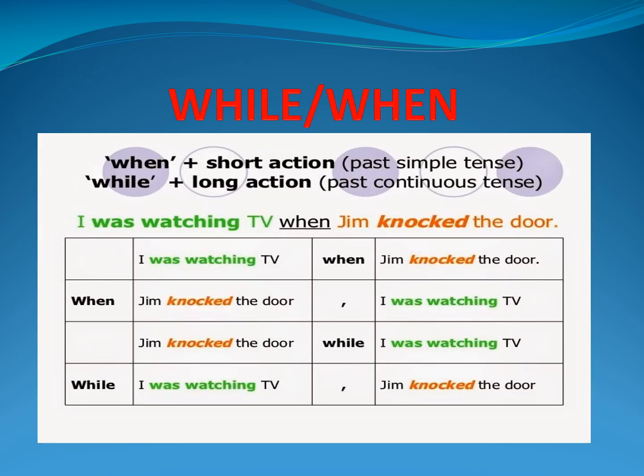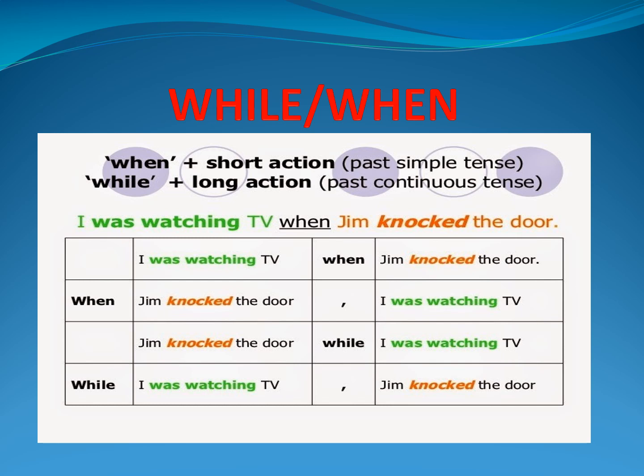Here we have the uses of while and when with the simple past and the past continuous. So when is a short action, past simple tense. It means that the verb should be in the simple past. While is a long action and the verb should be in the past continuous. So let's see some examples here. I was watching TV when Jim knocked the door.